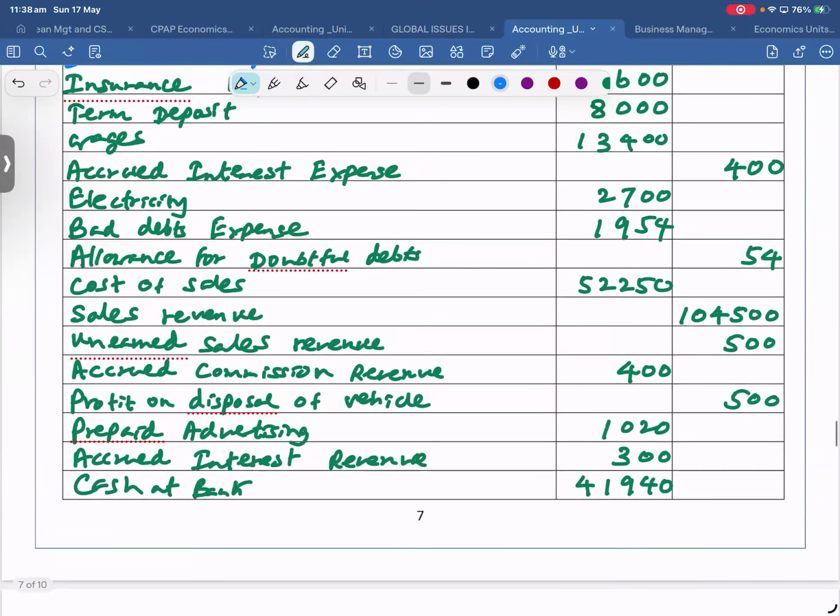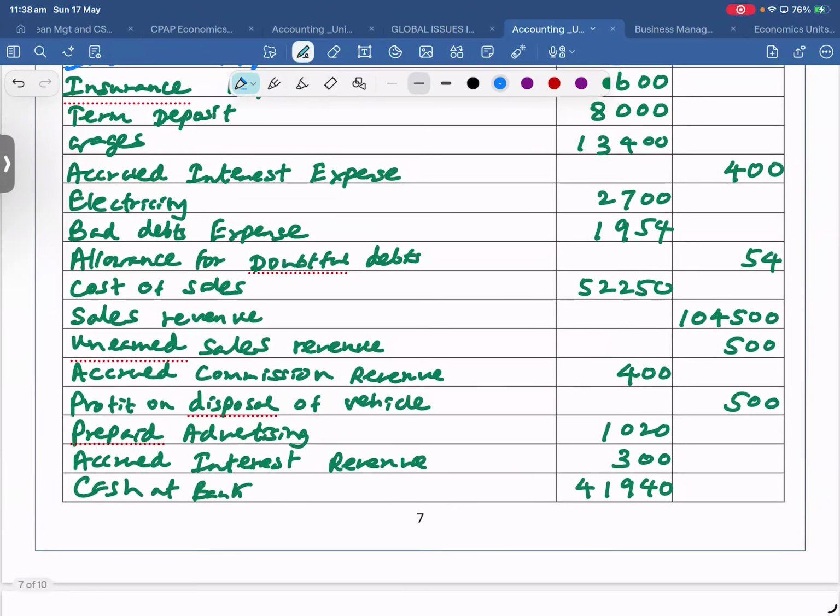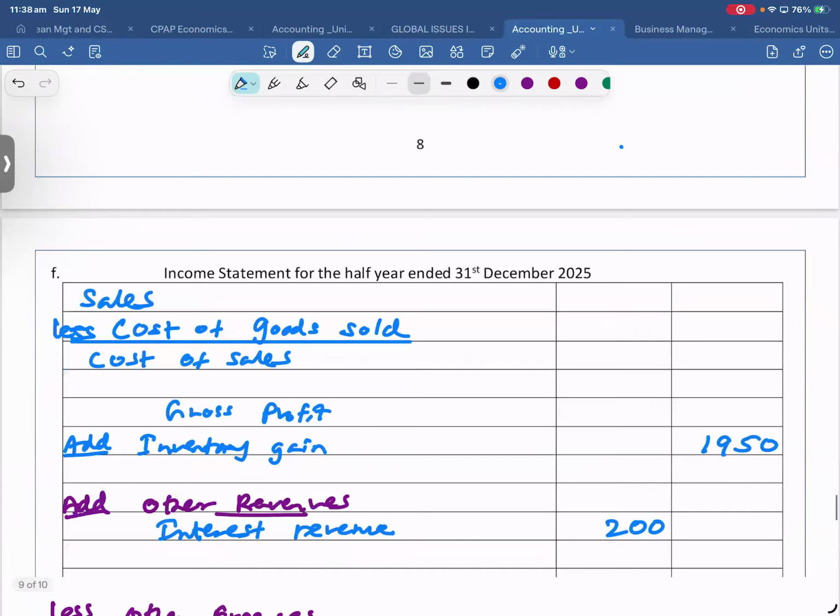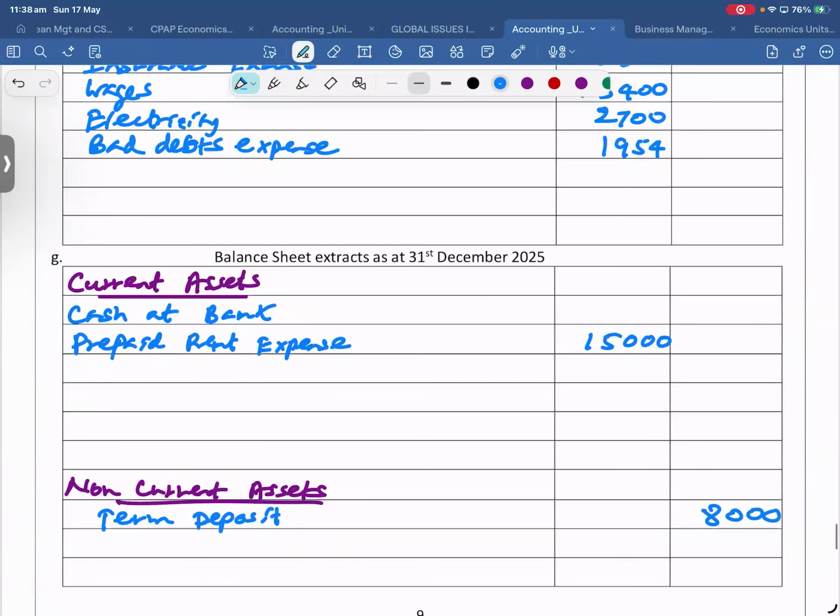Allowance for doubtful debt, as we have recorded, is coming under the current assets. We had recorded it with the accounts receivable, but how will we do it now? 54. Accounts receivable firstly.